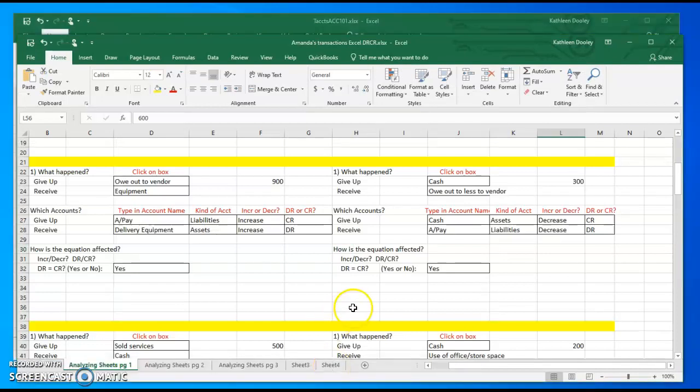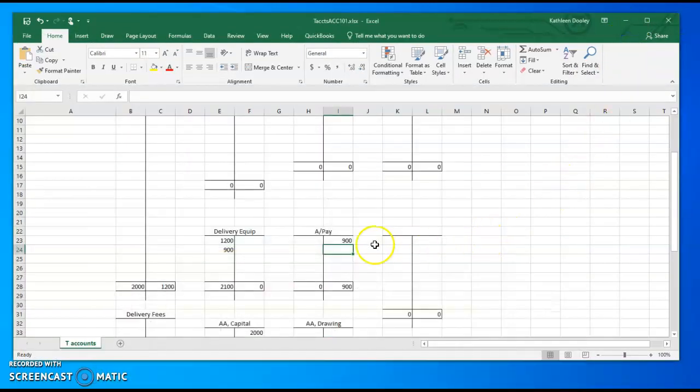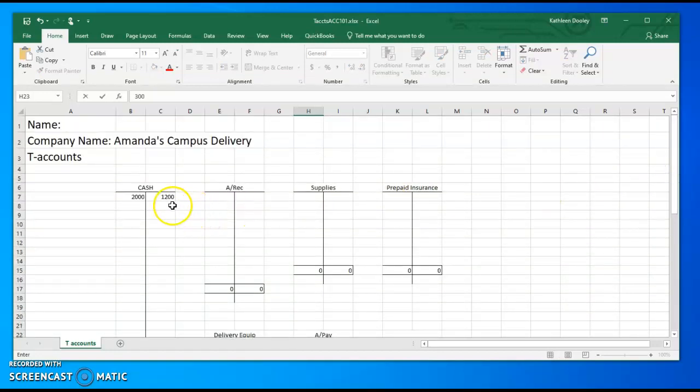So this is just doing what you told yourself you're going to do. Here I'm going to debit accounts payable and credit cash for $300. So I'm going to debit accounts payable. That's left side accounts payable for $300. And I said I was going to credit cash for $300.